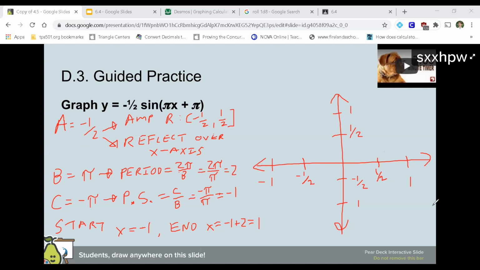All right. Sine functions usually start at the intercept, go maximum, back to the intercept, minimum, back to the maximum, or back to the intercept. Right? So if this is flipped over the x-axis, we will still start at the intercept, but then instead of going up, we'll go down. So we'll do intercept, minimum, intercept, maximum, intercept.